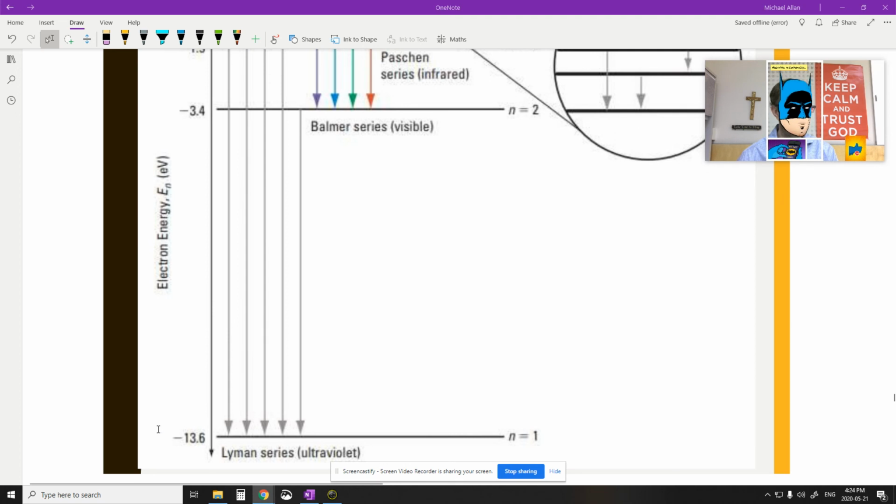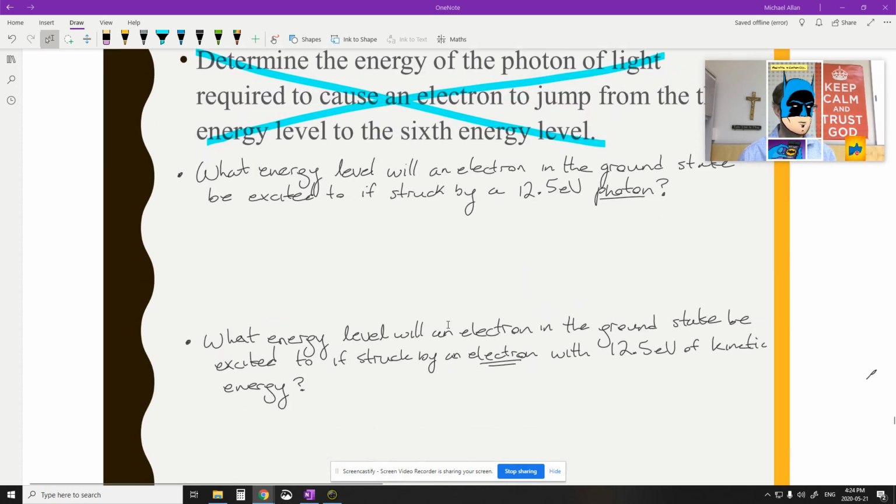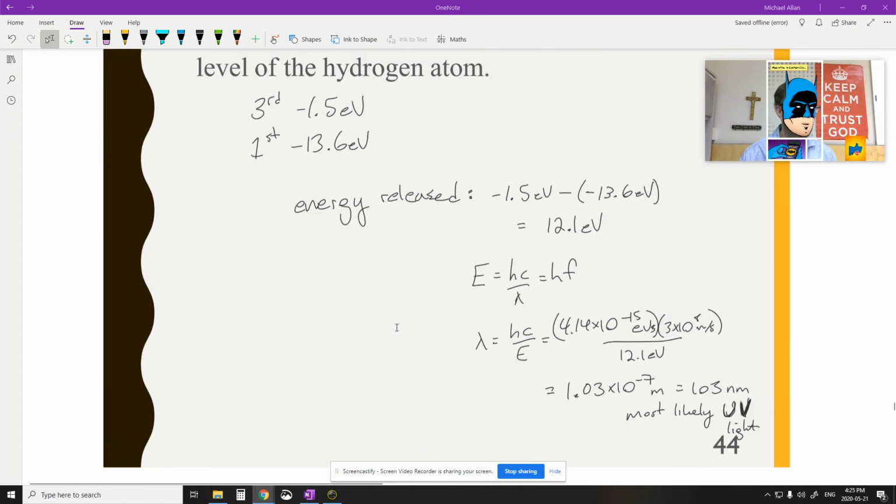So if I'm in the ground state right now, I'm at negative 13.6. So 12.5 is not going to ionize me. Ionize me would be anything more than 13.6, or exactly 13.6. So if these were both 13.6, the atom would be ionized. 12.5 probably will get me somewhere. Let's see.